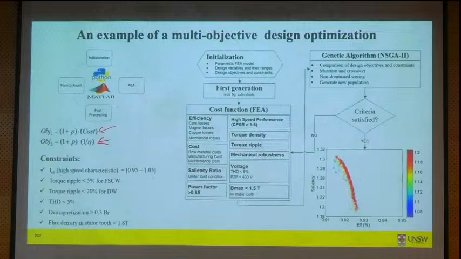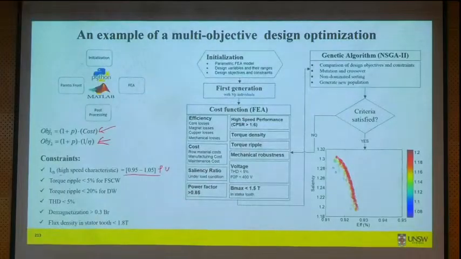So how do we evaluate constant power speed range? If our characteristic current is close to the rated current. This is a per unit value, so it's 95% to 105% of the rated current.